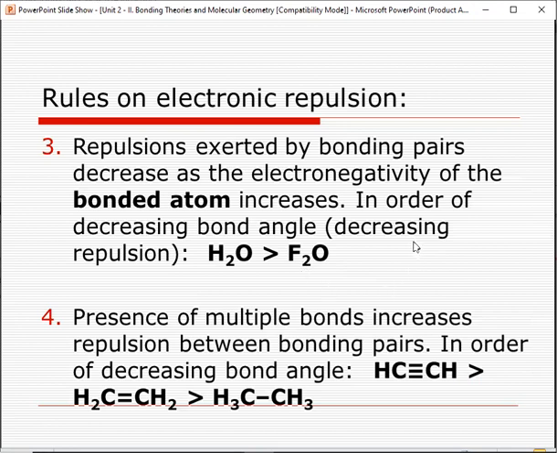So if the electronegativity of the bonded atom or outer atom increases, its repulsion is less. Next, the presence of multiple bonds increases repulsion between bonding pairs. If it has multiple bonds, there is greater repulsion compared to the single bond.